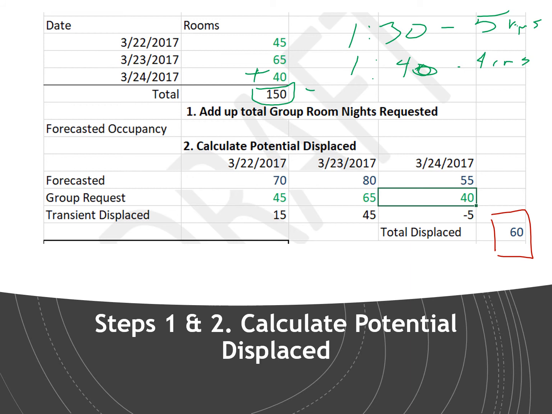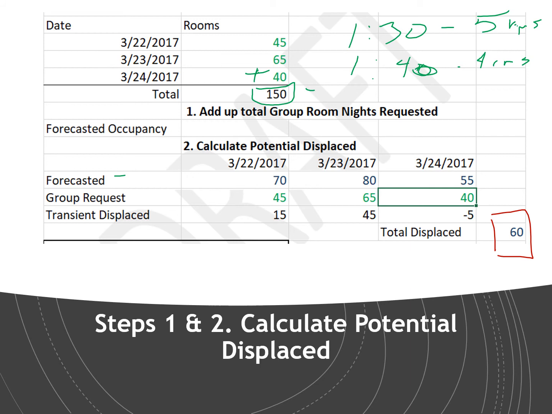So on each day, this forecasted right here, this is what we are projecting our room occupancy would be. We can use the past year's data. We can look at all that information to figure out what would be our potential occupancy.